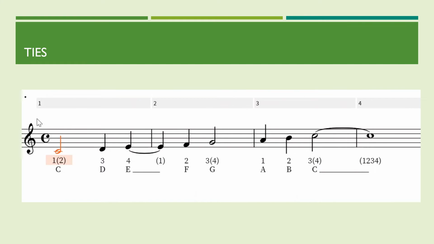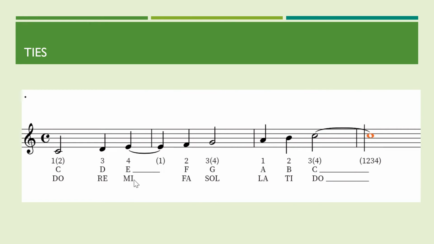So let's add the solfege syllables. So do, re, mi, fa, sol. Some of you may know this as sol. Some of you may know it as so. La, ti, do.